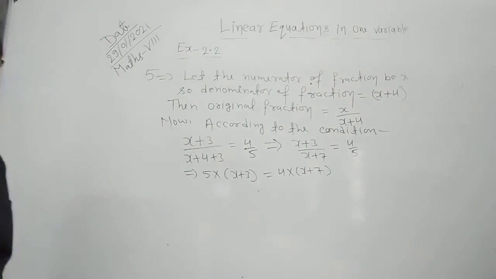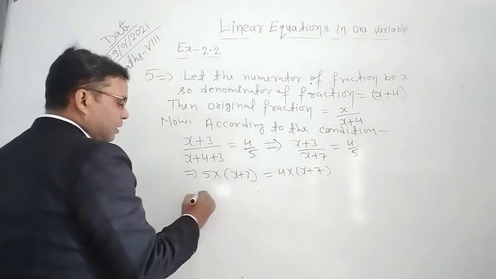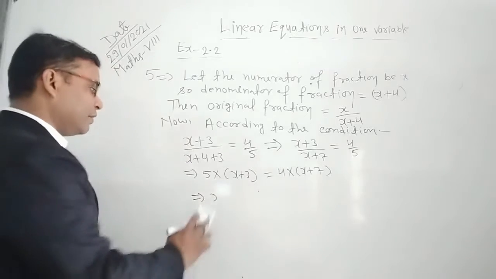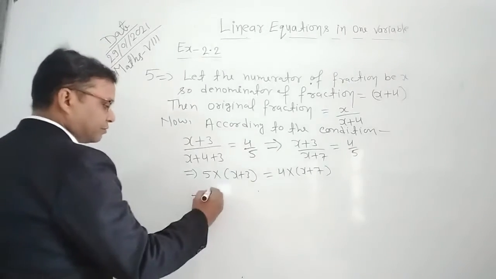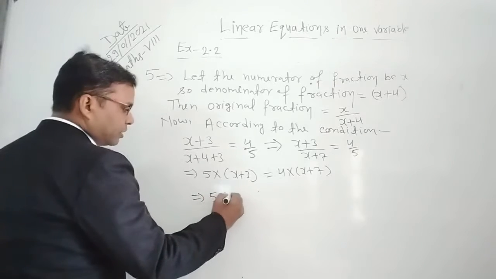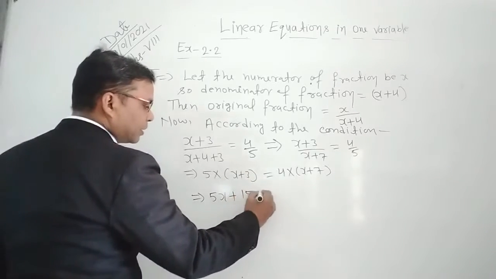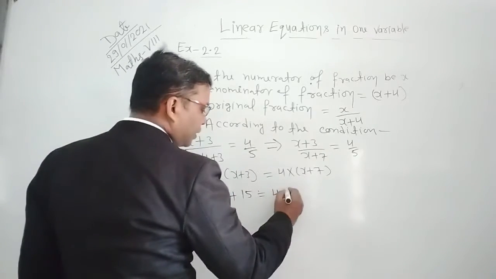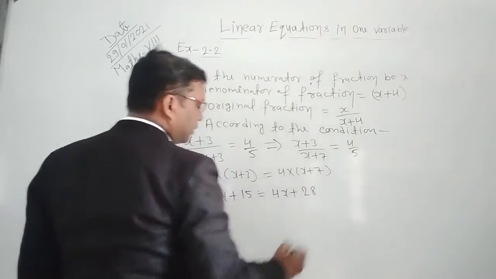This is clear. Now if you multiply, what do we get here? 5 into x is equal to 5x, plus 5 into 3, this is equal to 15. Now, 4 into x is equal to 4x, plus 4 into 7 is equal to 28.